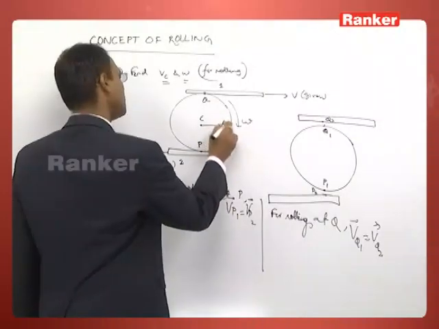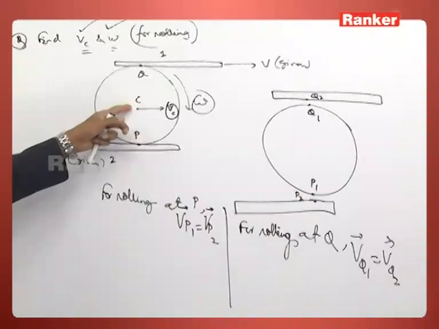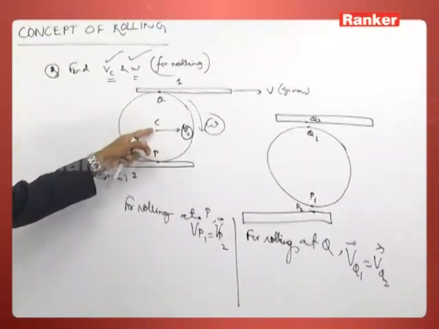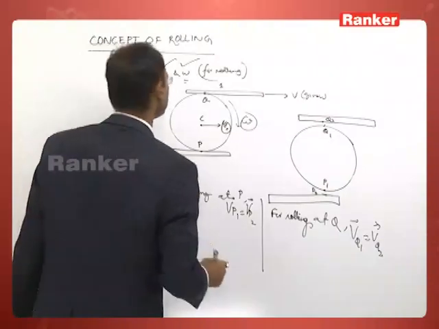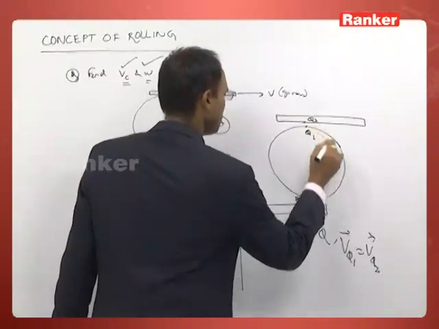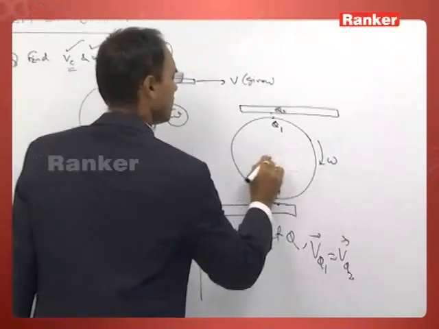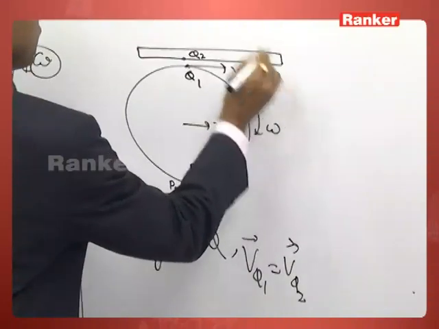If we assume Vc and omega as the velocity of this point C and angular velocity of the body respectively, at this point velocity can be written as V plus R omega.